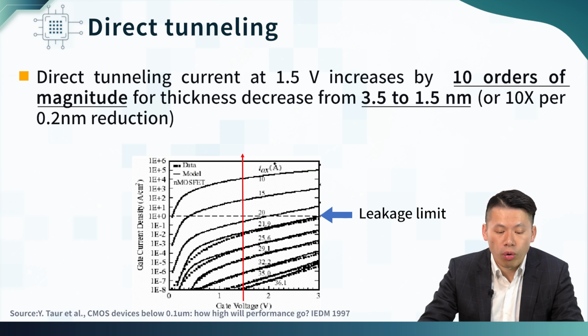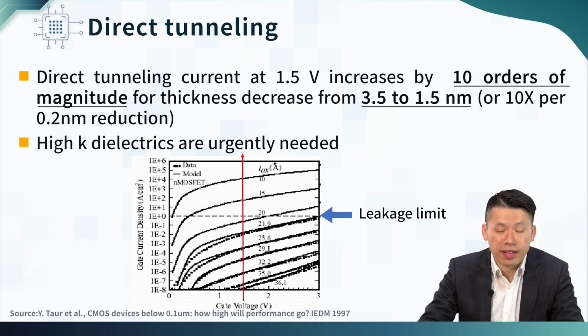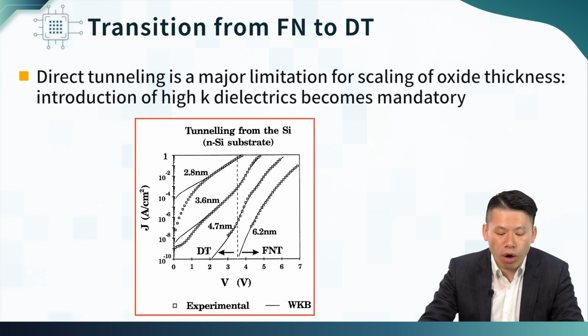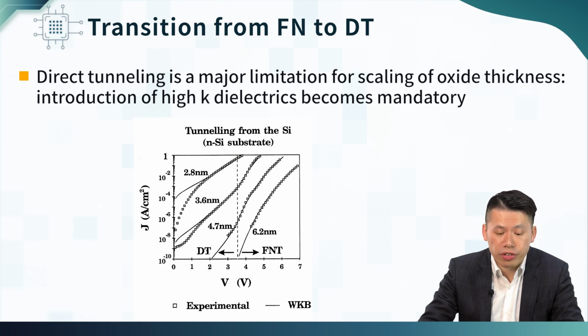And that's why when we continue to do oxide scaling, we need a high-K dielectric to avoid direct tunneling issues. Also, this is one of the experimental data sets showing that from thicker to thinner dielectric, the leakage current mechanism is a transition from FN tunneling to direct tunneling. Therefore, introduction of the high-K dielectric becomes mandatory.